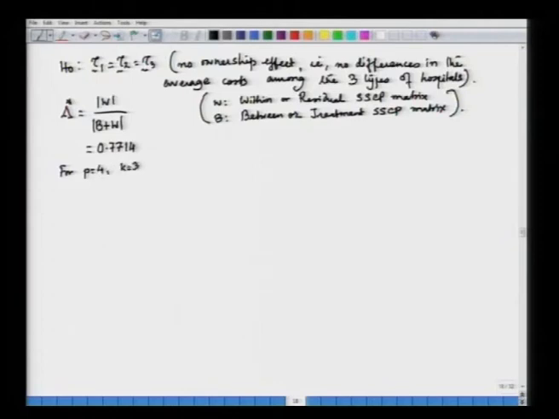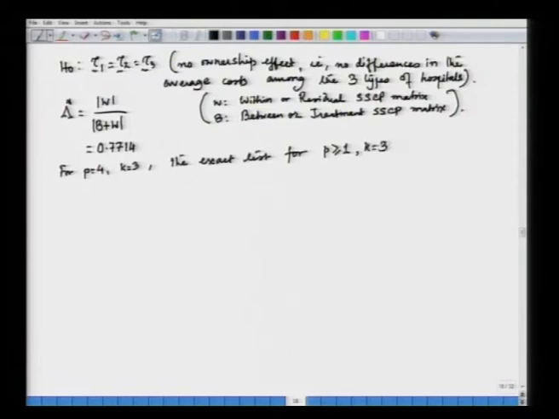Can we use any exact test? Yes, we can. We have listed the situations where we can use the exact test, and we can use it for the situation where p is greater than or equal to 1, because I have p equals 4 and k equals 3.